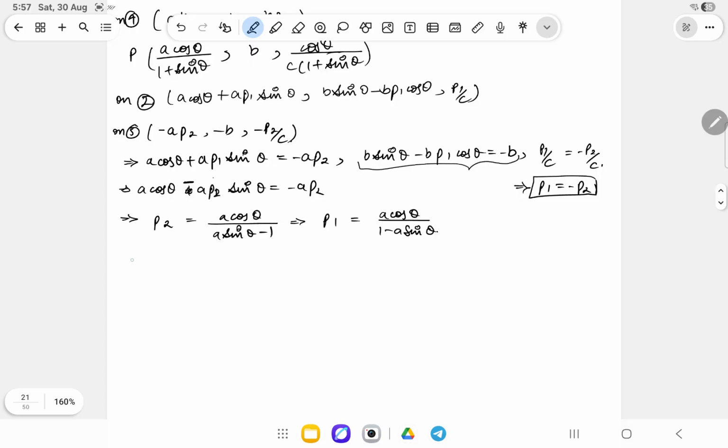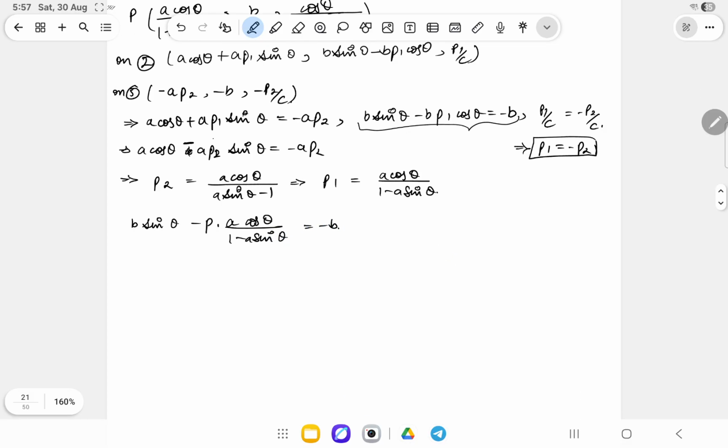So this gives b sin theta minus b into p1, that is a cos theta upon 1 minus a sin theta, is equals to minus b. It is b into p1, that is a cos theta, into cos theta.